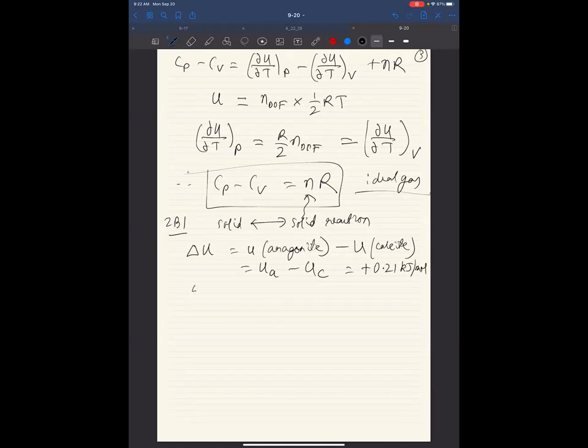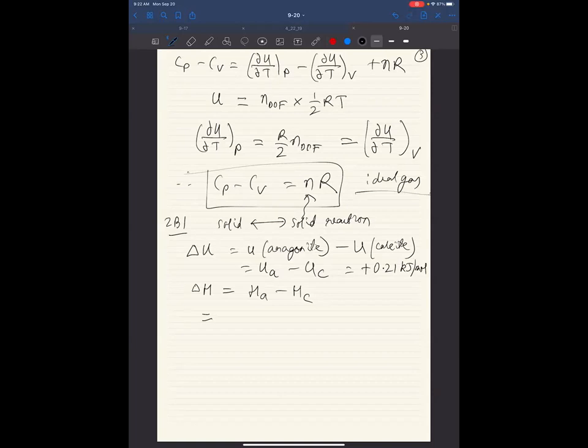And what we need to calculate is delta H. The problem wants us to calculate the enthalpy of A minus enthalpy of C. Why can we calculate such a thing? Because enthalpy is a state function, right? Enthalpy is U plus PV. If U is a state function and you add pressure multiplied by volume to it, you also get a state function. So how to do this? Any idea how we should proceed at this point?